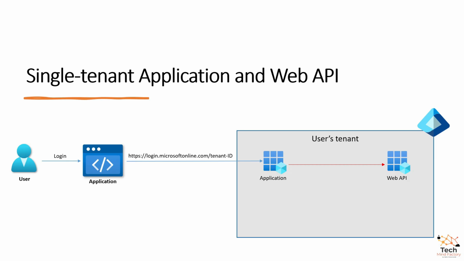We have an application registration for the web application that the user is using to access the data, but also we have an app registration for the web API. So now the thing is that underneath, for both applications, there are service principals created in the user's tenant. So for the web application, to be more precise, there is a service principal created.